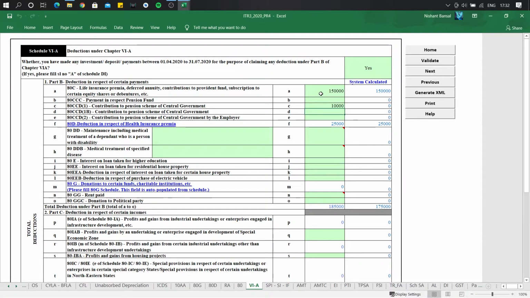So since the combined limit of section 80C, 80CCC and 80CCD1 is 150,000 only, and the entire 150,000 has been claimed by way of ELSS, therefore no deduction with respect to 10,000 would be available.